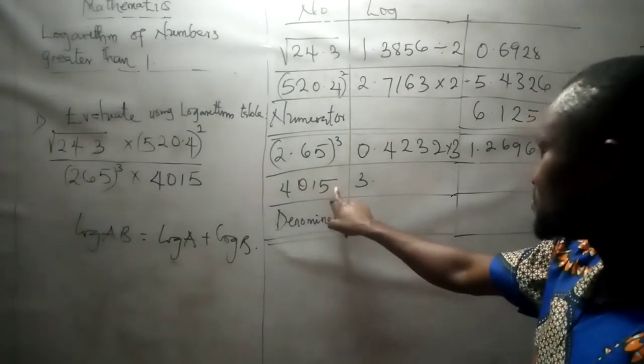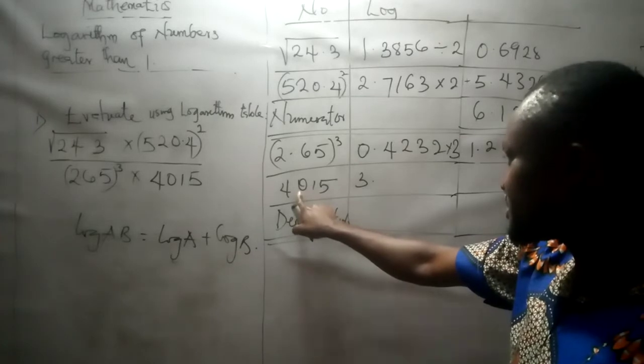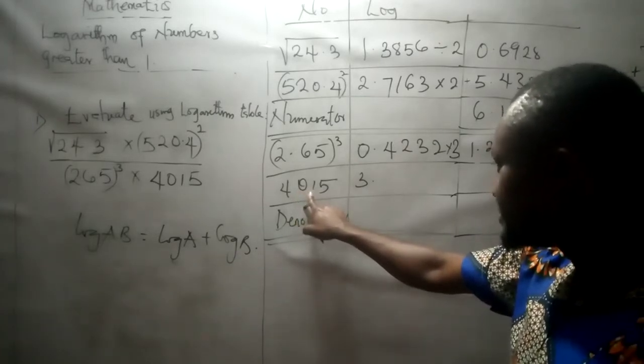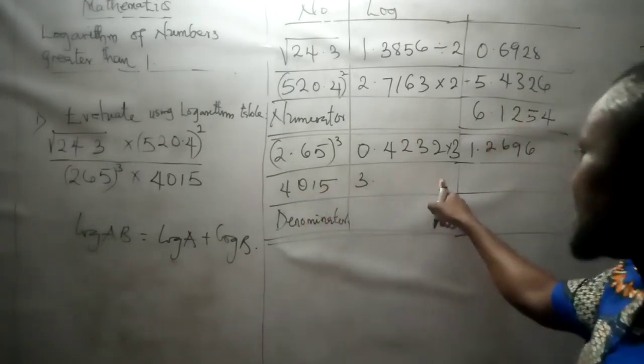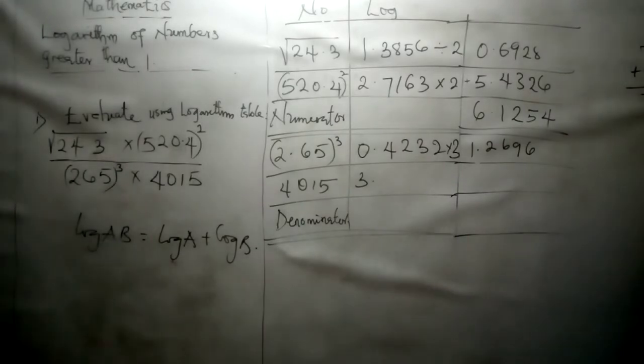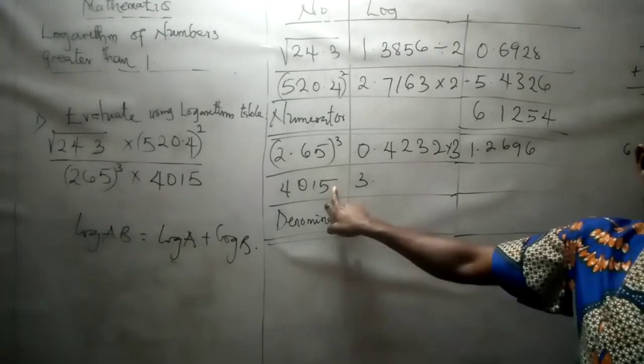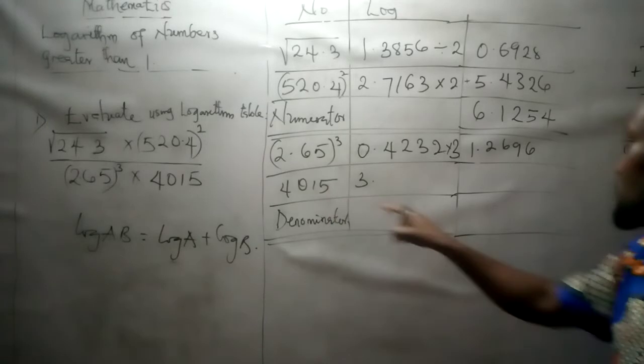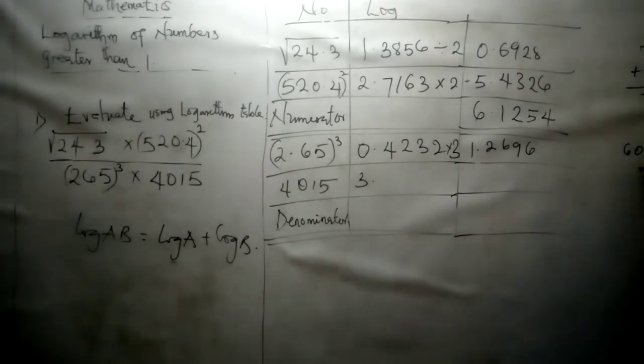Now 4015. So we have to check 40 under 1, then difference 5. We write it as a mantissa. So 40 under 1 gives what? 6031. Then check the difference of 5. So the difference of 5 is 5. So you now add the difference. 1 plus 5 is 6. You bring down 3.